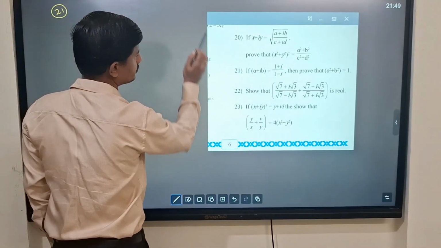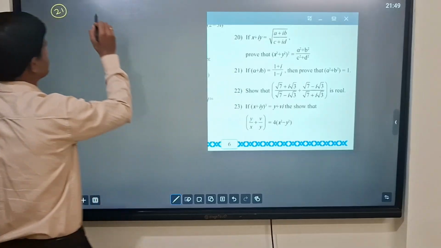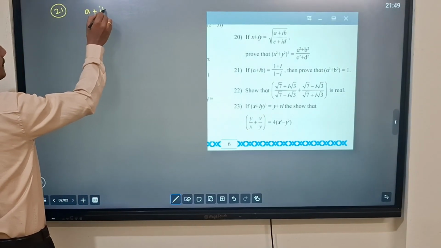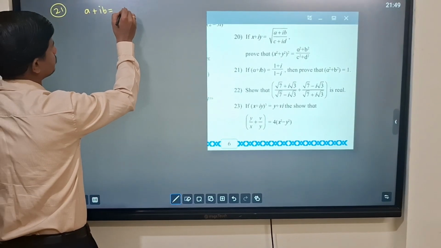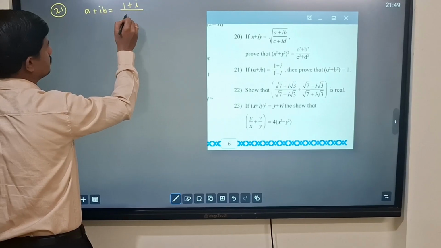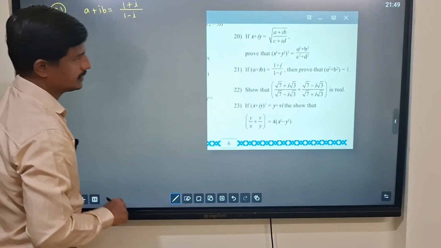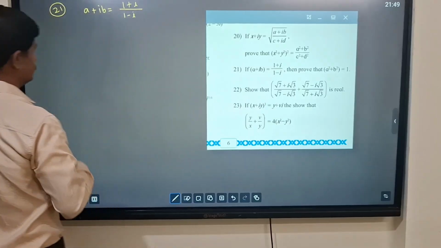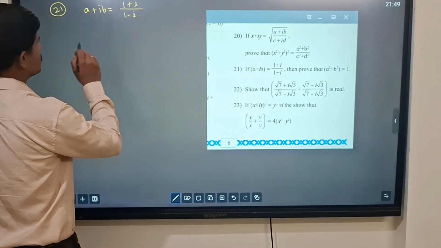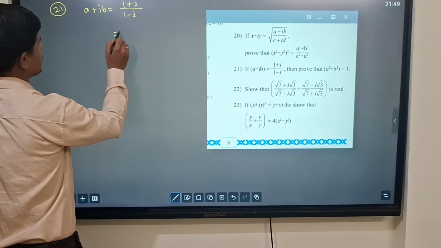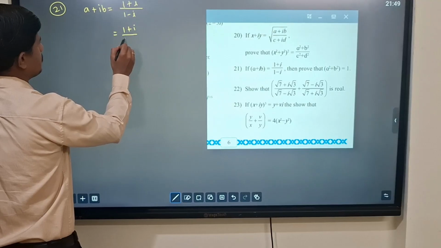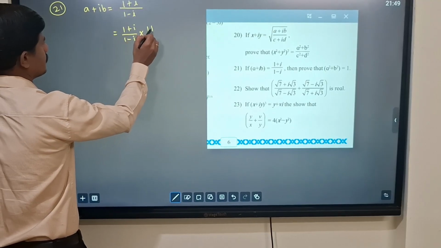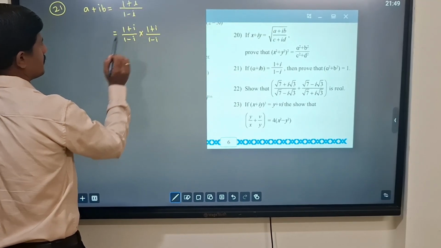21. If a plus ib equal to (1 plus i) upon (1 minus i), then prove that a square plus b square is equal to 1. So here we will rationalize (1 plus i) upon (1 minus i) into (1 plus i) upon (1 plus i).